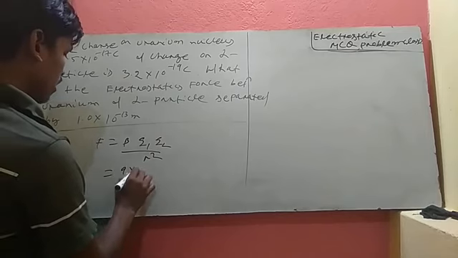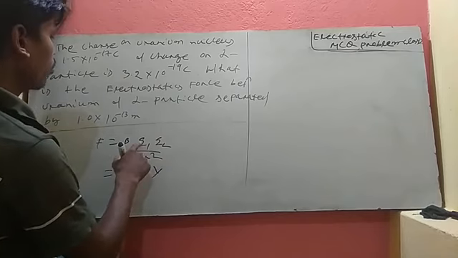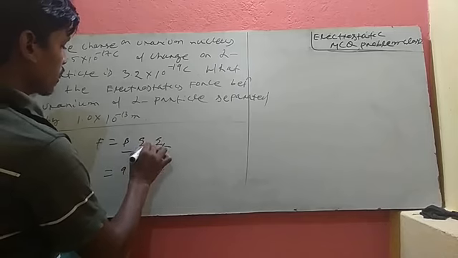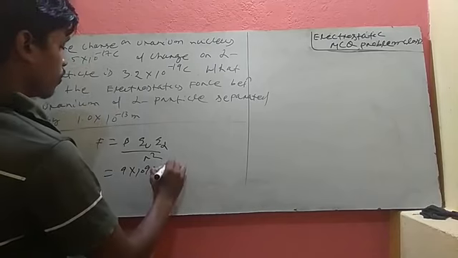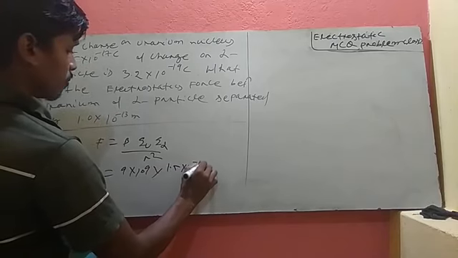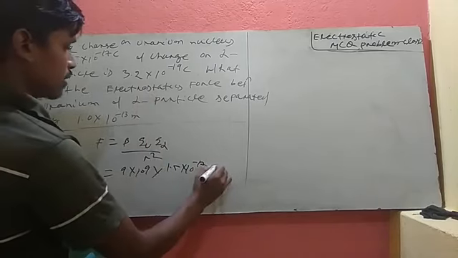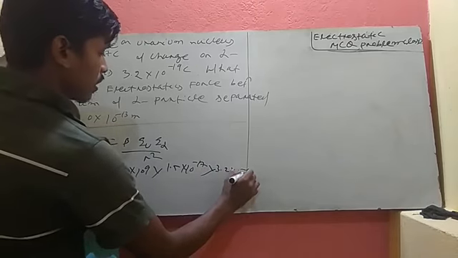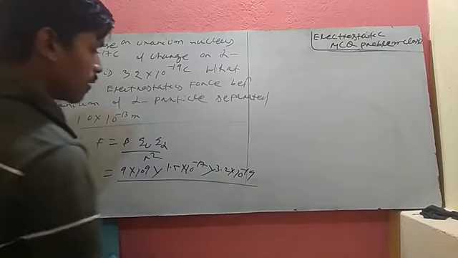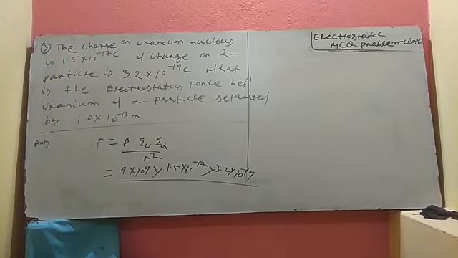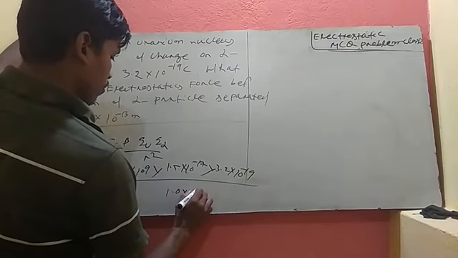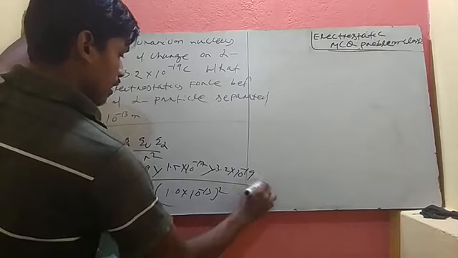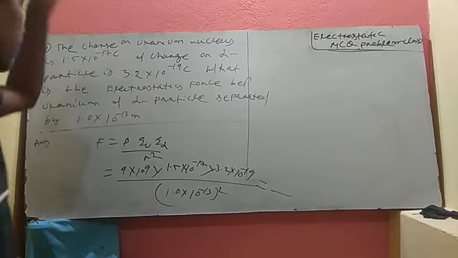So beta is 9 into 10 to the 9, into Q uranium, Q alpha, the charge of alpha. The charge of uranium is 1.5 into 10 to the minus 7. The charge of alpha is 3.2 into 10 to the minus 19, divided by R square, 1.0 into 10 to the minus 13 meter square. So find out the value of force.